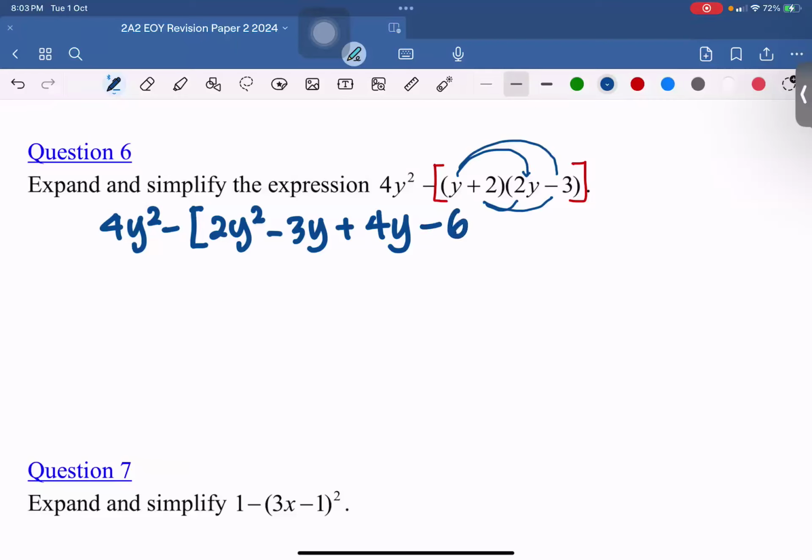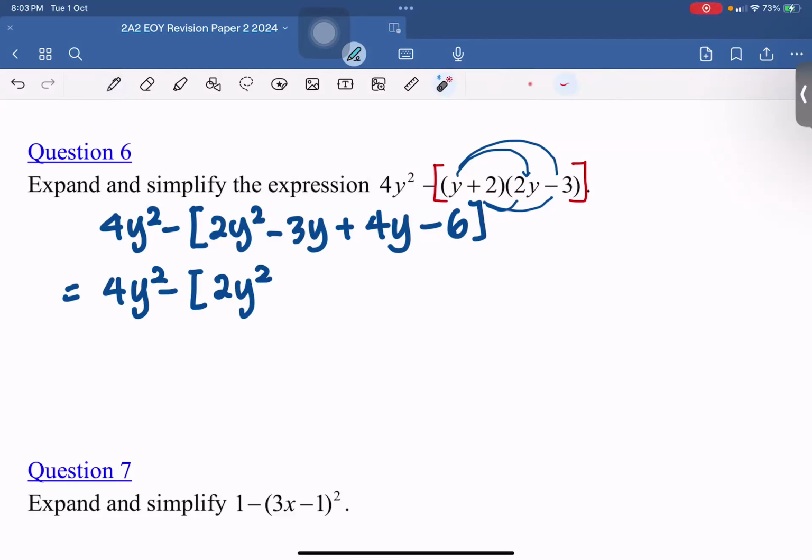It is multiply, not adding them together. When I'm doing my rainbow, it's multiplication. Then now let me simplify the one I have in my brackets, right? So I have 2y squared, and then this portion here, this one will simplify, minus 3 plus 4. This is addition. So it's plus y minus 6.